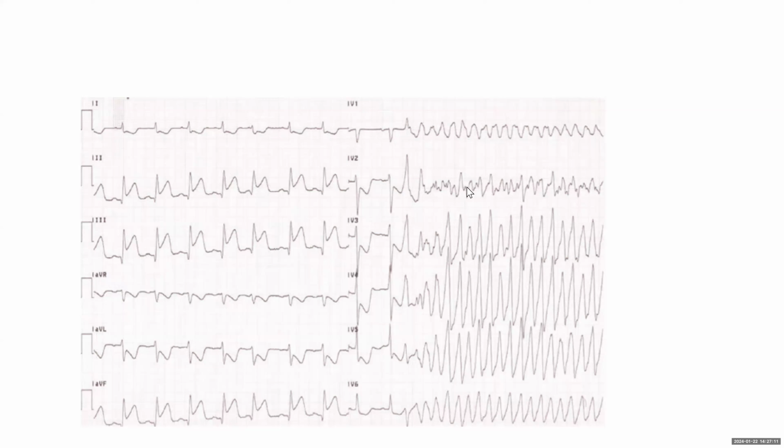So typically you have sinus beat, PVC, pause, sinus beat, PVC inducing polymorphic VT. This we call torsade. But polymorphic VT from ischemia doesn't have that pause and doesn't necessarily have long QT. You just have sinus, sinus, sinus, and then all of a sudden you go into polymorphic VT. So for this one, I wouldn't call it torsade.